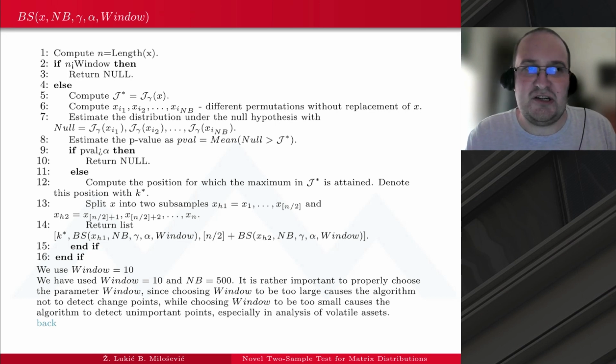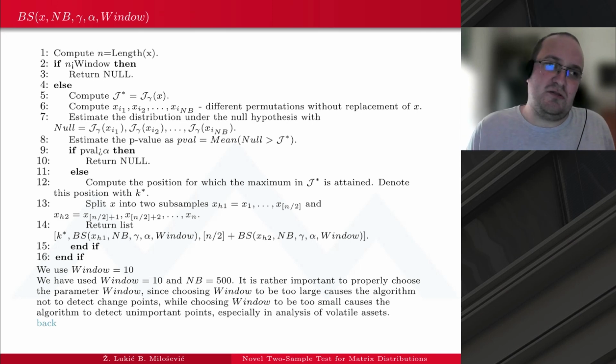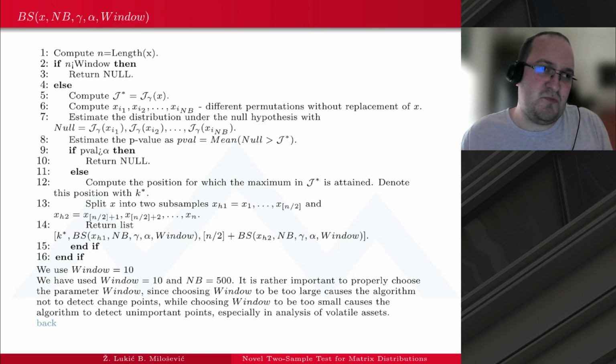So this question is actually quite good. Yes, this algorithm can be changed. It can be optimized in a sense, but also when you do this multiple change point detection, you have noted that MB is quite low. It equals 500 because the computational resources are not that big. I hope I answered your question.